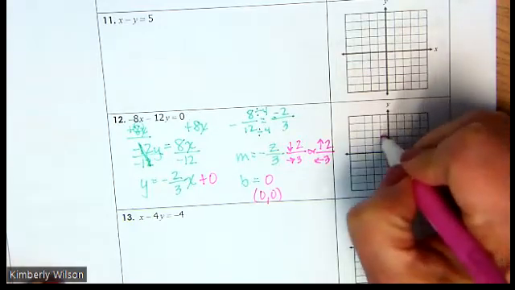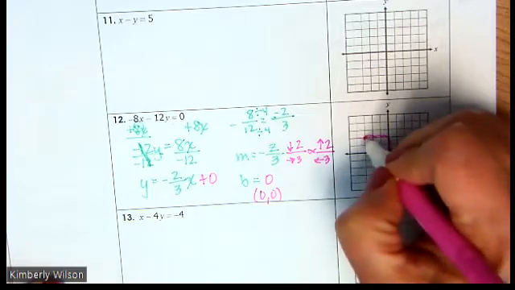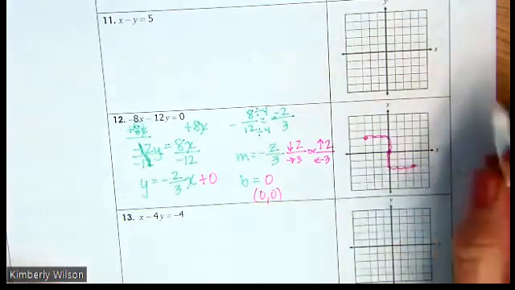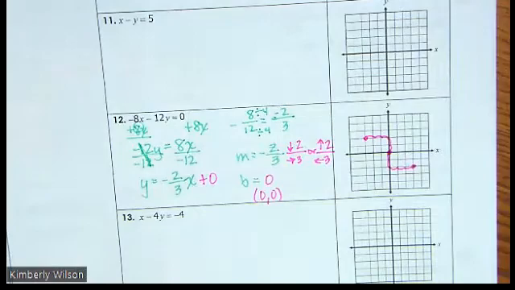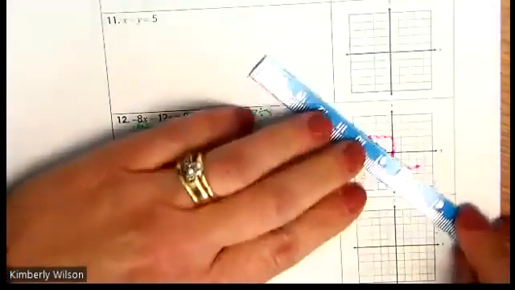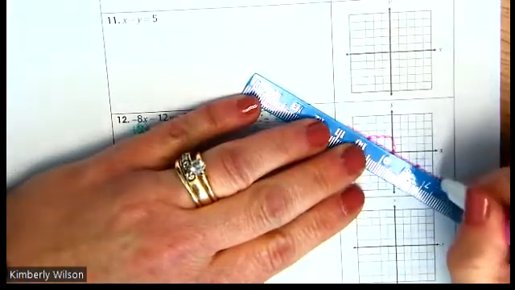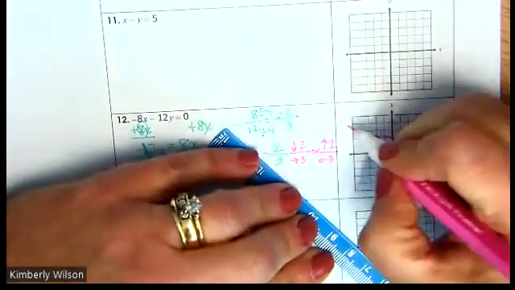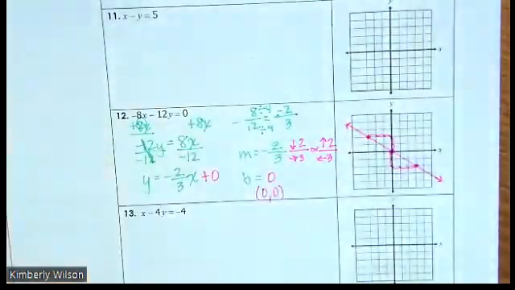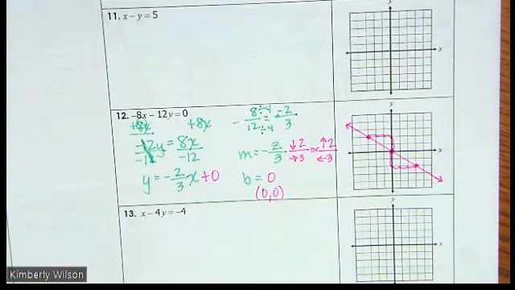And nope, can't go anymore. So now we play connect the dots. We only have to have 2 points in order to be able to graph a line, but we graph as many as we can to be accurate, because you're eventually going to have to predict from these lines that you're drawing.